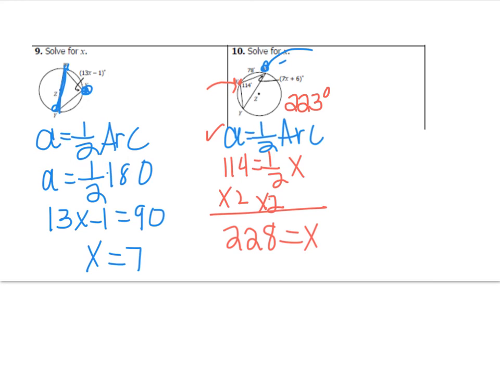So this part of my arc is 228 degrees. Taking a look at my whole circle, from here to here is 228, and from here to here is 78. The whole circle is 360, so I'm going to subtract these from 360 to find out what this part of my circle is. And I find out that part of the circle is 54 degrees.